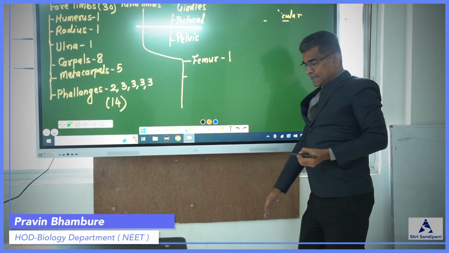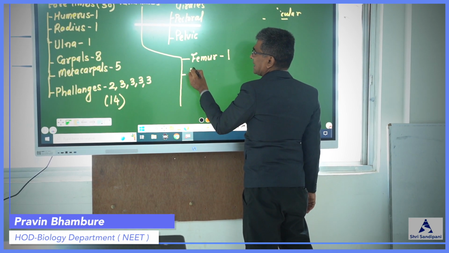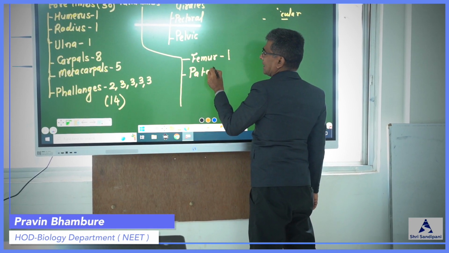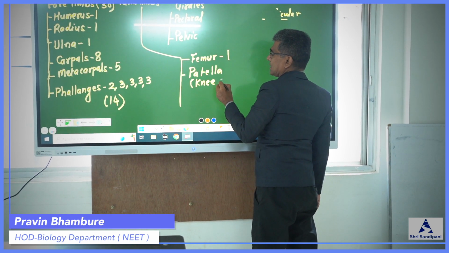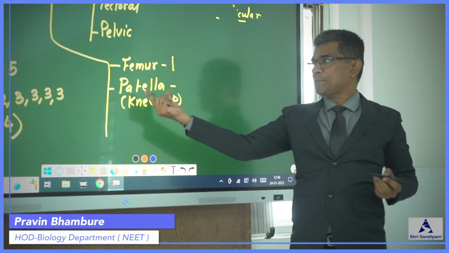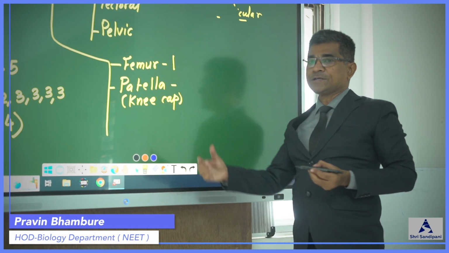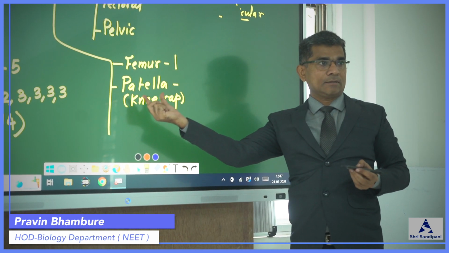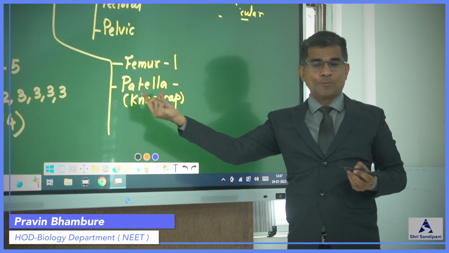Then the kneecap. We have a kneecap and that is called patella. Patella, or I will write here kneecap. You need to remember one more special point about it. Patella is the largest sesamoid bone in our body. You will definitely ask what is this sesamoid bone.